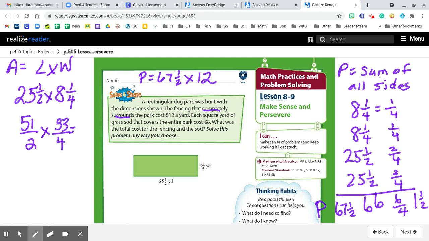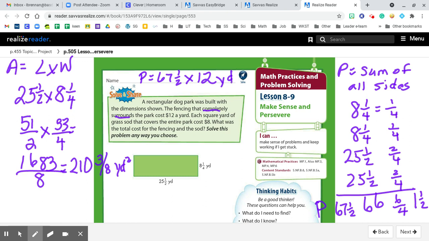When I multiply 51 times 33, I get 1,683 over 8, which reduces to 210 and 3/8 square yards. And this guy up here is yards.